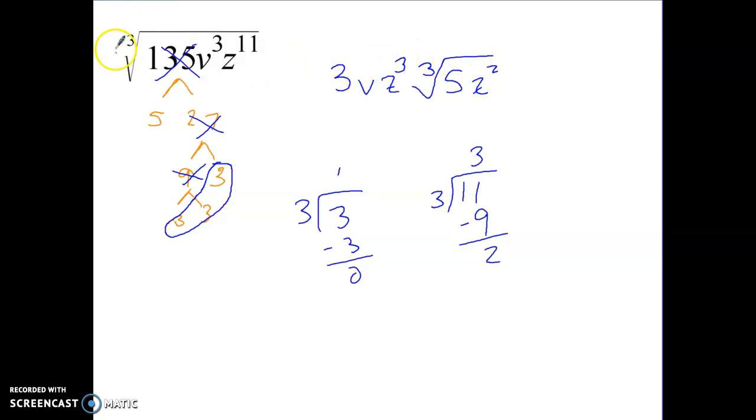And remember, when it's a cube root, the sign that's on the inside is the sign that comes out. I do not want to put absolute value bars on this. I just want to match it to this one. 135 is positive, so 3 is going to be positive. So that is our final answer. 3VZ to the third times the cube root of 5Z squared.